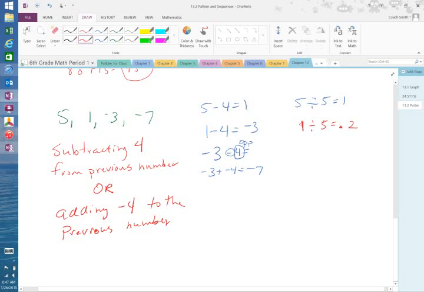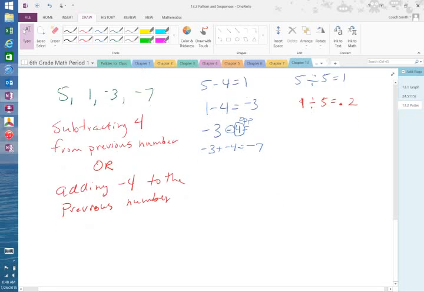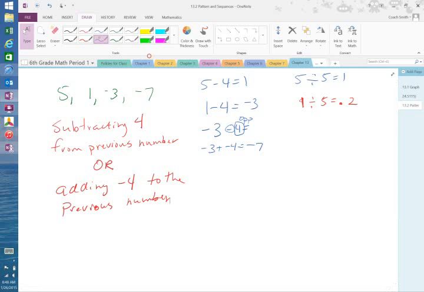Understand that those two things are equivalent to each other. Subtracting 4 and adding a negative 4 is exactly the same thing. We're really subtracting, but we're having to subtract negatives here, so it's really adding a negative 4. So, to figure out the next 3 numbers, we must take negative 7 and subtract 4.